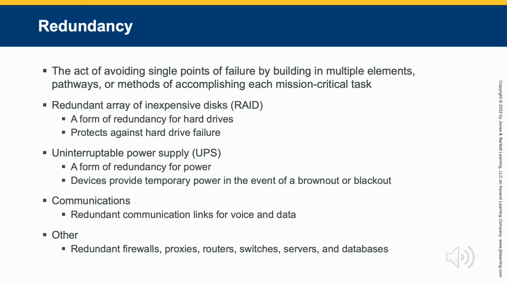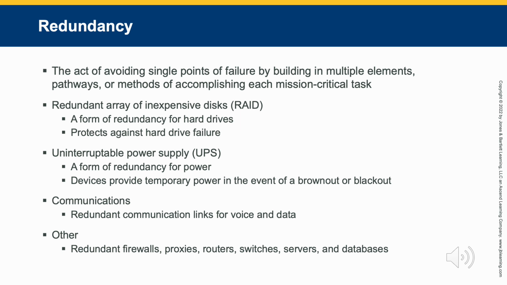UPS, uninterruptible power supply, is a form of redundancy for power. These devices provide temporary power in the event of a brownout or blackout, and that's the key word, temporary. UPSs, depending on how they're sized, usually give 20-30 minutes, during which you can gracefully shut down before the batteries run out of power and it shuts down.